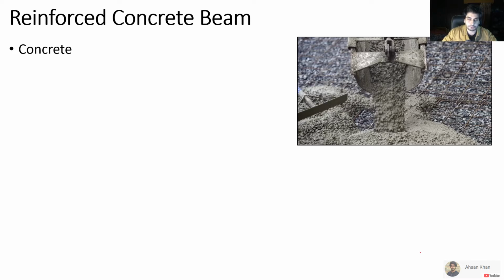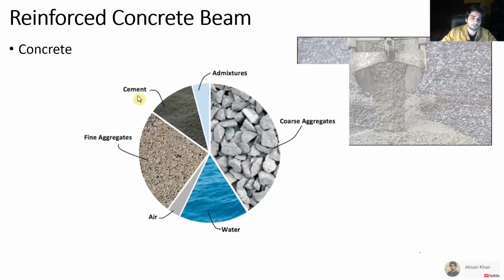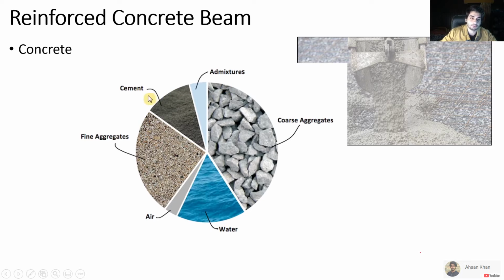So concrete, you might have seen, is usually a mixture of different materials, right? And those materials usually are cement, fine aggregates, water, coarse aggregates, admixtures, and air, right?